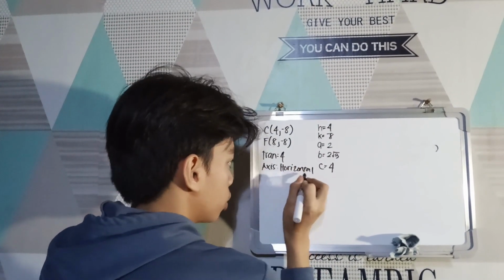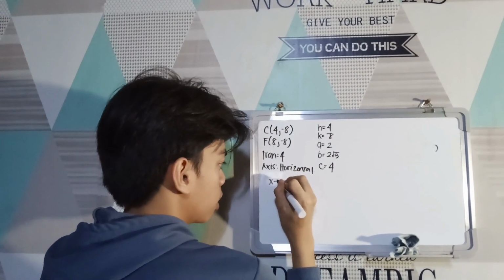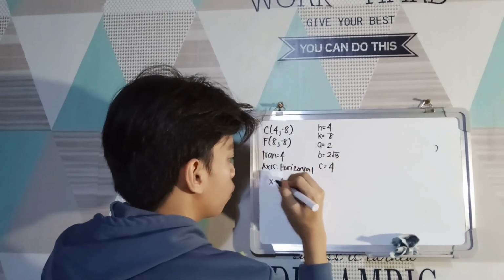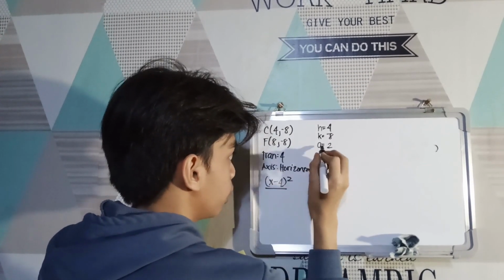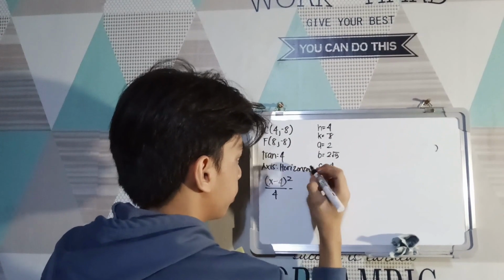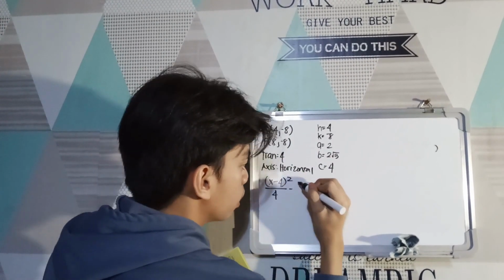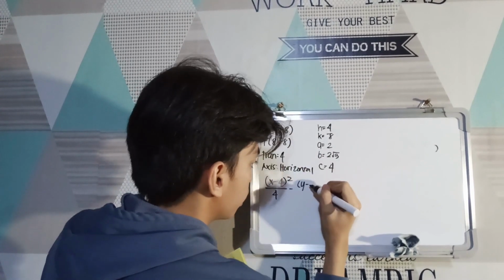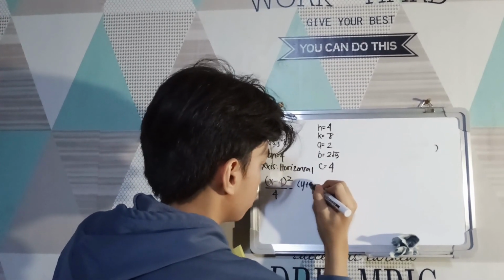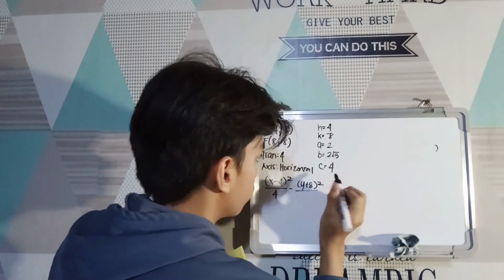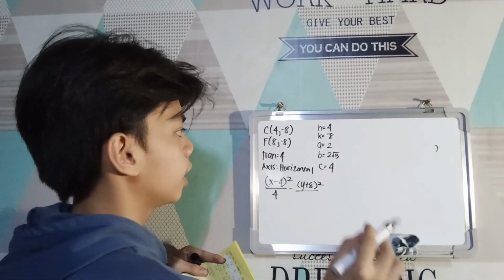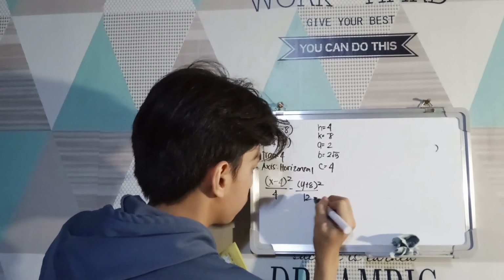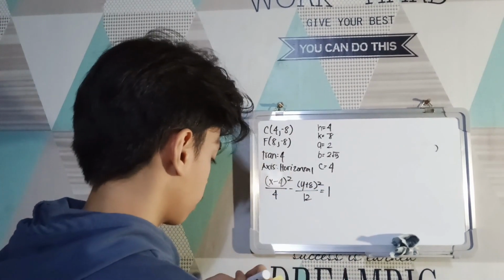So, since horizontal tayo, gagamitin natin is (x minus h) quantity squared over a squared, so (x − 4)² over 4 minus (y minus k). So, ang k natin is negative 8, so magiging positive 8 squared over yung b squared natin kanina is 12, so 12 equals to 1.